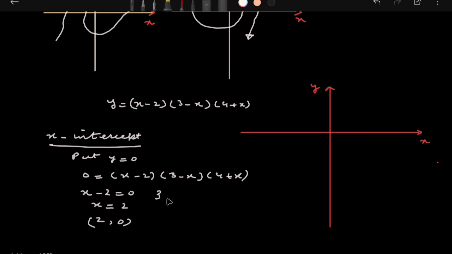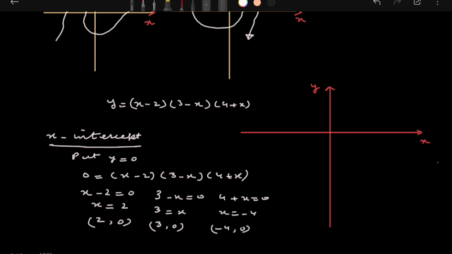The second value would be 3 minus x is equal to 0, so 3 is equal to x and the coordinates would be (3, 0). And the last one, 4 plus x is equal to 0 and x is equal to minus 4, so it would be (-4, 0).